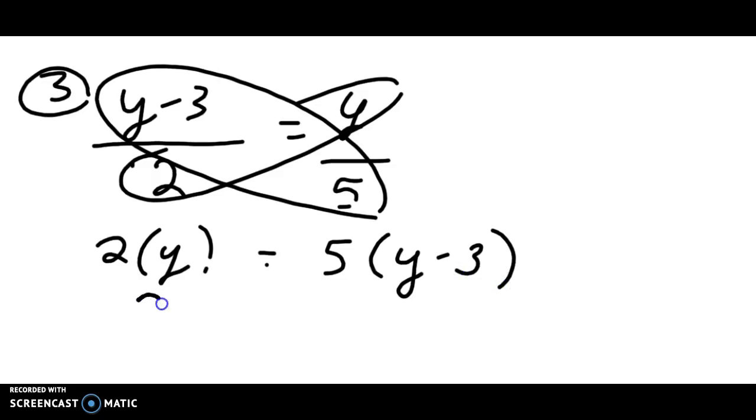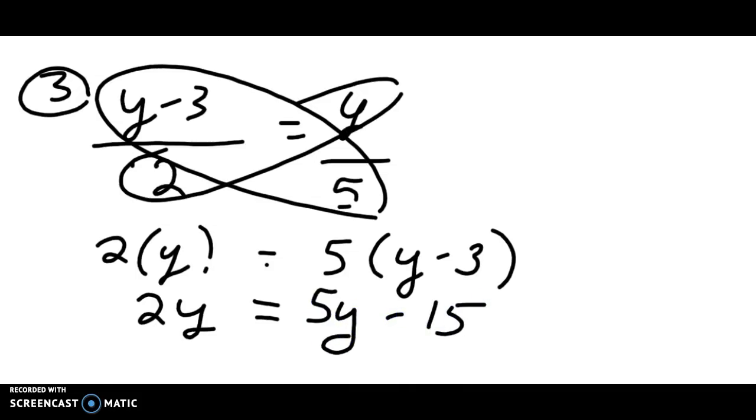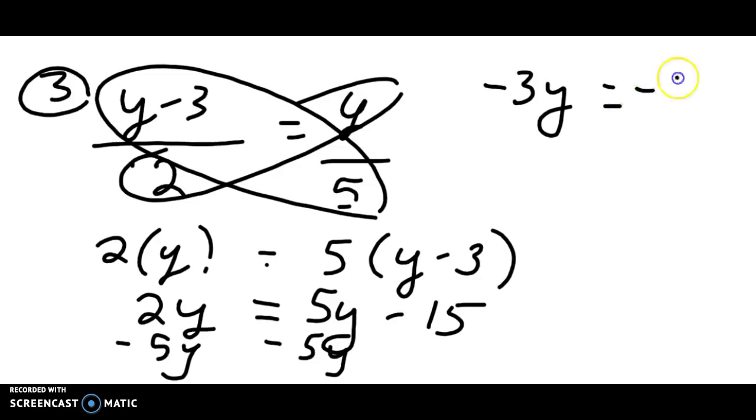So again, you're going to have 2y over here equals 5y minus 15. Get your y's together, so I'm going to subtract 5y, and that would give me negative 3y equals negative 15. Divide by negative 3 on both sides.